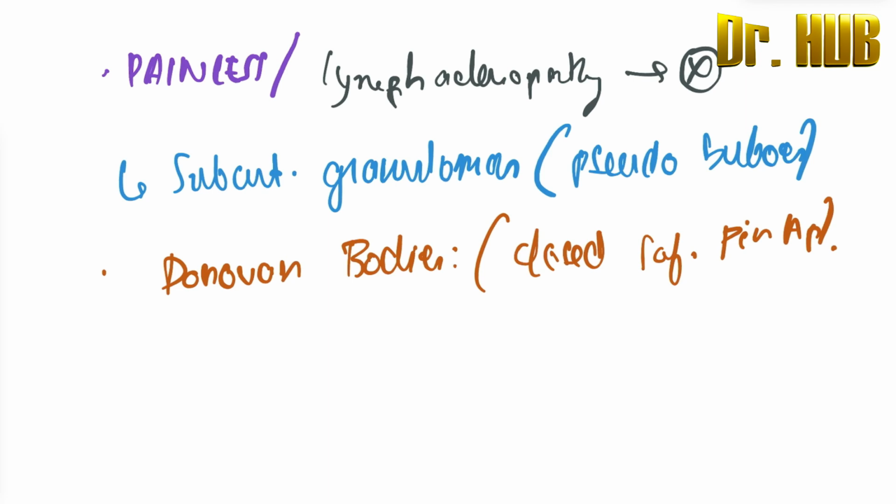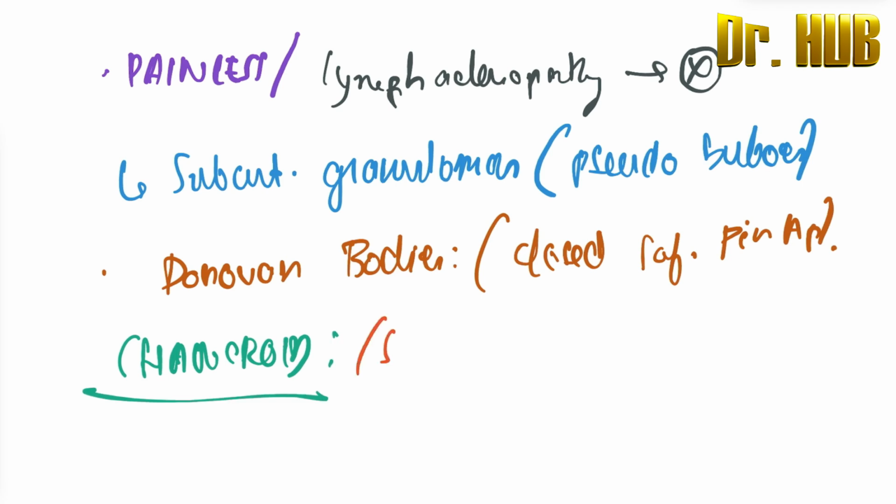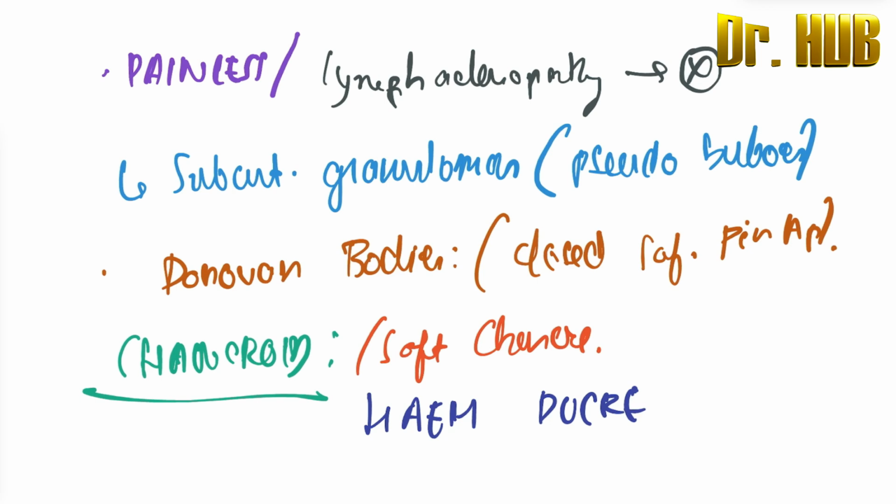Next, let's move on to chancroid. Chancroid is also the soft chancre. It is caused by Haemophilus ducreyi.